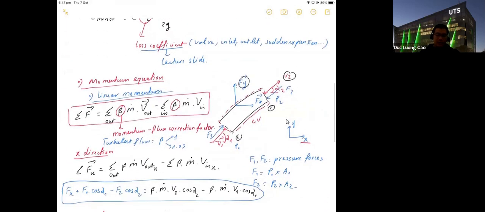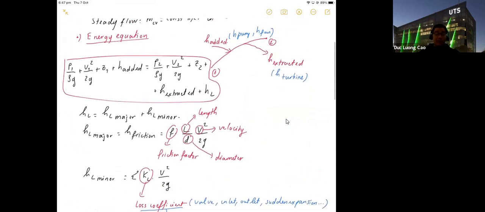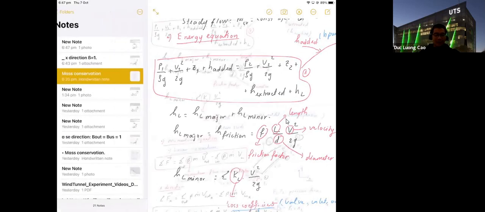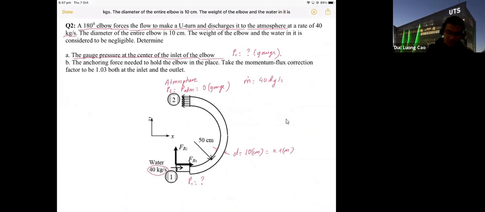For the momentum equation, you have pressure because you have pressure force. But in question B, we have to find the force, so maybe we will apply the momentum equation in question B. It means we will apply the energy equation to find pressure P1.